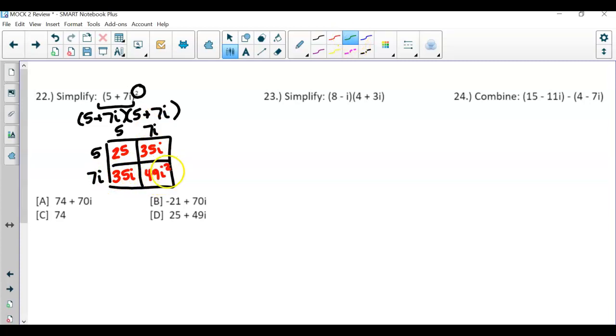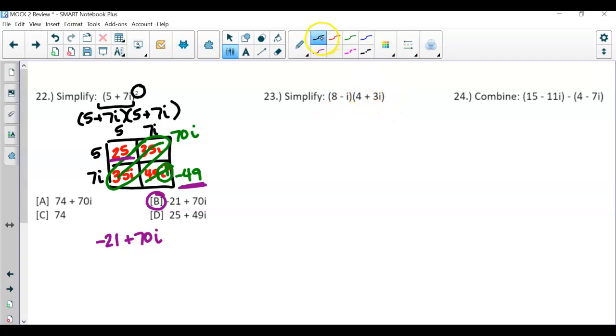Then remember here, i squared is always negative 1. So now positive 49 times negative 1 is now negative 49. I do also have like terms to combine. That's 35i plus 35i, which is 70i. So now I've got 25 minus 49, which is negative 21, plus that 70i, which is why the answer here is B.